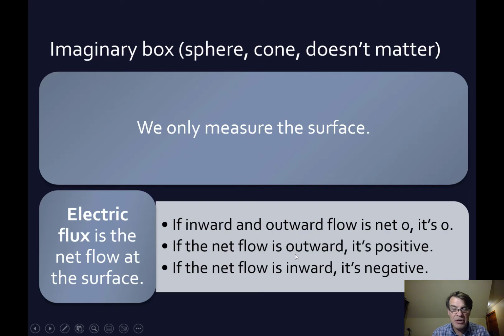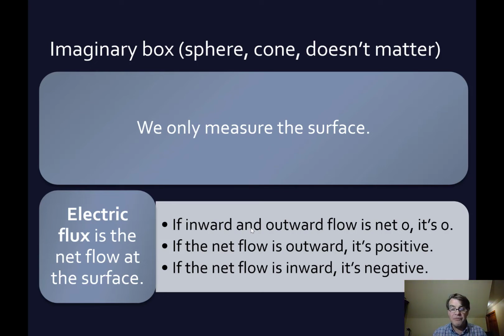And these are some definitions. For the charge going into the box and the charge coming out of the box, by convention we say that negative charges are charges that end in the box. Positive charges are charges that come out of the box. If the net inward and outward flow is zero, then the flux at the surface is zero.